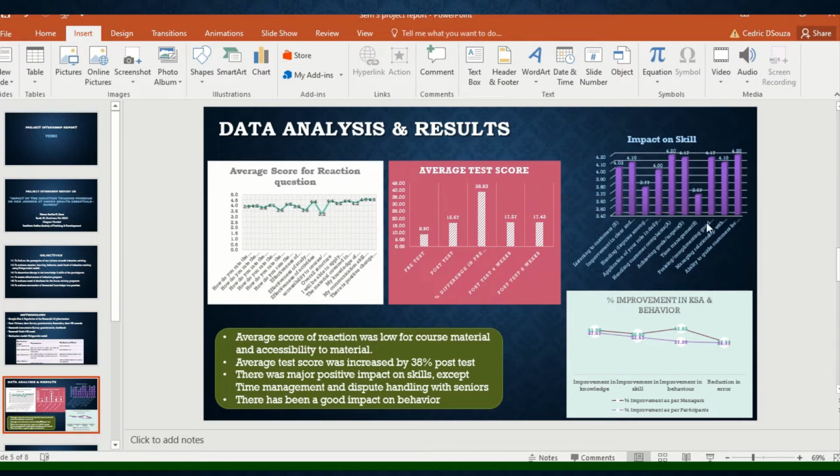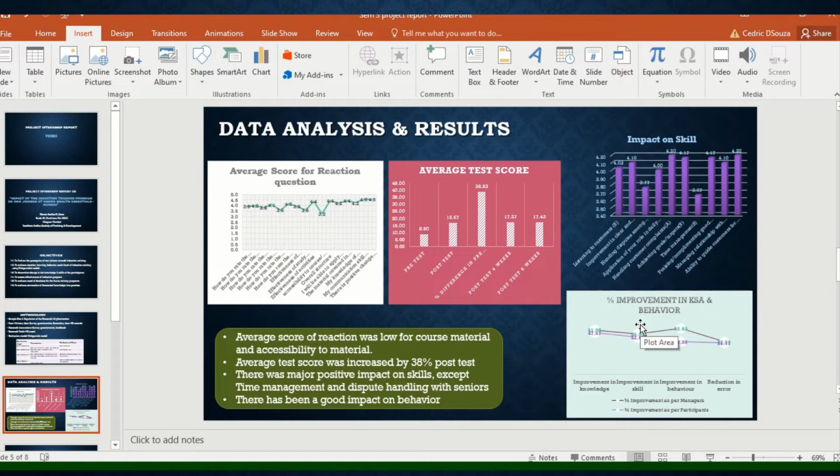Impact on skill we evaluated by asking them questionnaires, whether they have gained some communication skill, and how much the induction training has impacted. There had been a positive impact on skill, except that time management and handling disputes with seniors, these two parameters, were rated lowest. So we need to work on these parameters in future.